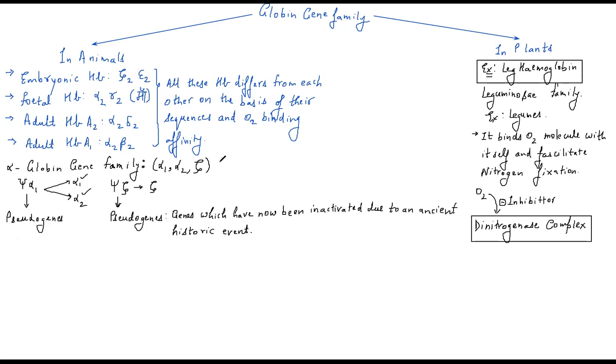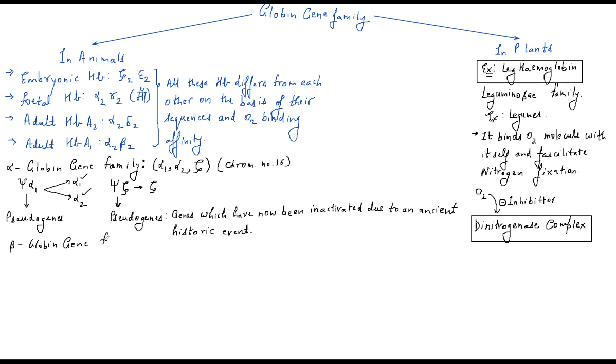Another one, now where is this present? Alpha globin gene family is present on chromosome number 16. Then the other is referred to as beta globin gene family. Beta globin gene family is present on chromosome number 11.